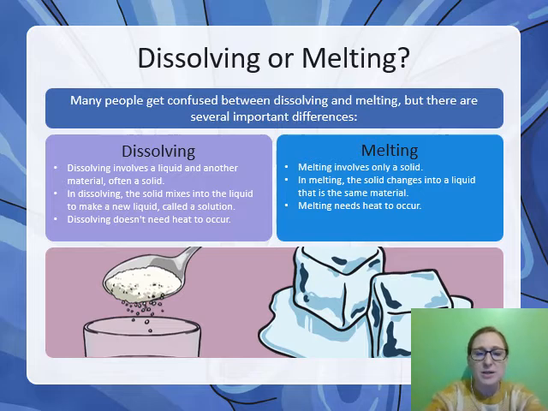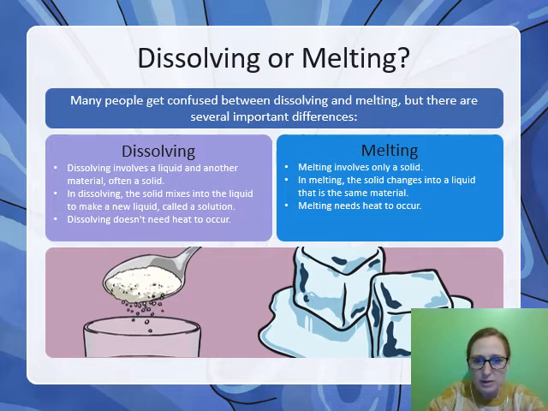So what's the difference between dissolving and melting? Many people get confused between dissolving and melting, but there are several important differences. At this point you might want to remember some of our particle drawings that we've been studying in science. Dissolving involves a liquid and another material, often a solid. In dissolving, the solid mixes into the liquid to make a new liquid called a solution.